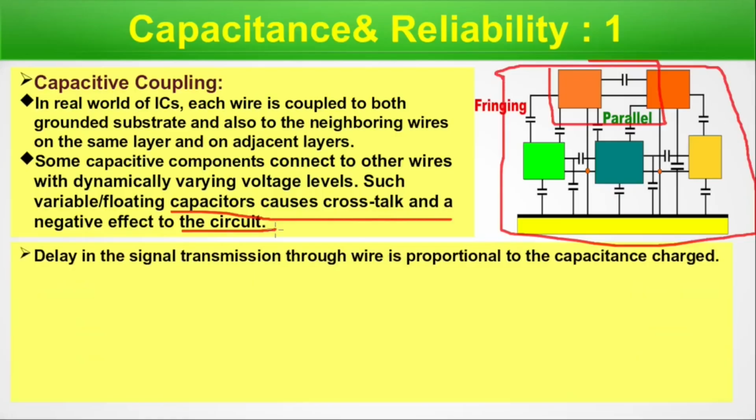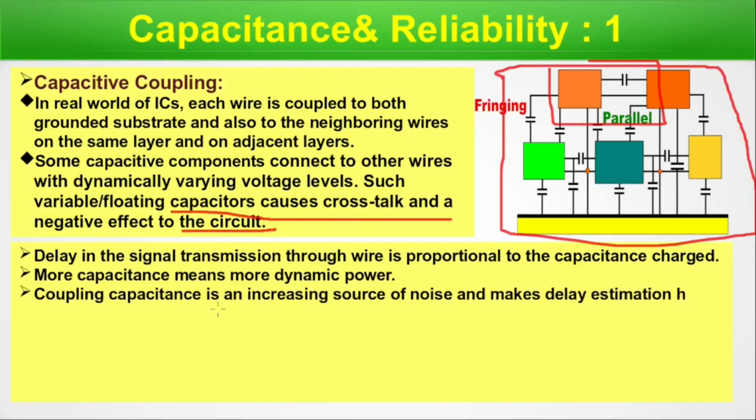Delay in the signal transmission through a wire is proportional to the capacitance charged. And more capacitance means more dynamic power. Coupling capacitance is an increasing source of noise and makes delay estimation really hard. In a practical situation, a wire is surrounded by wires on other sides with dielectric layers in between.